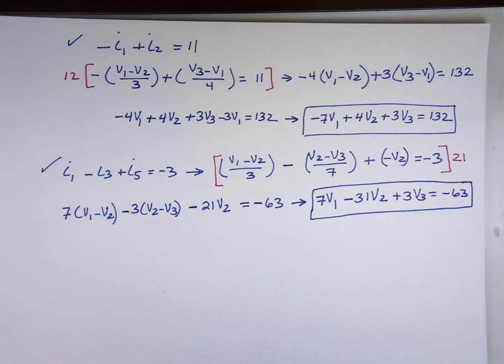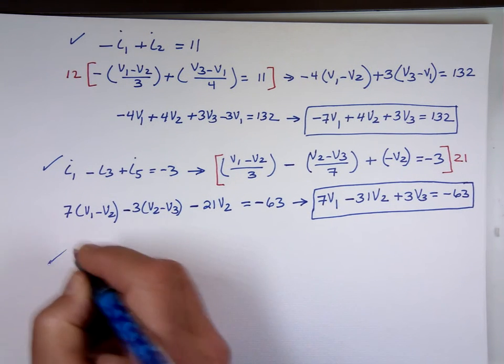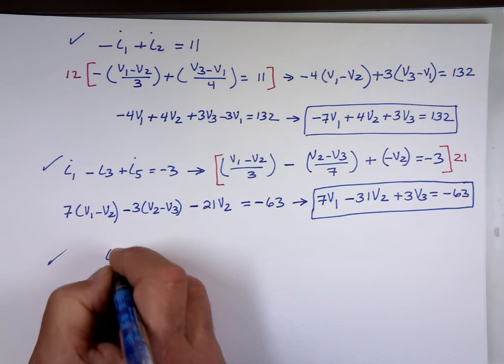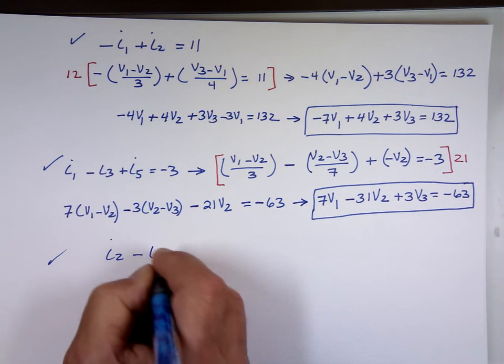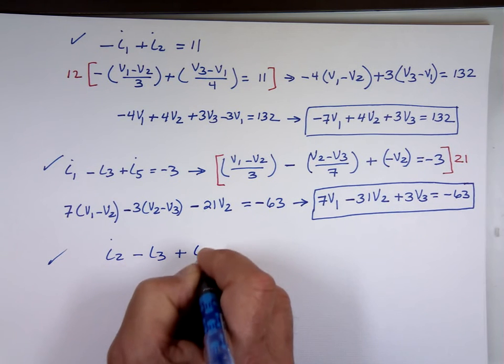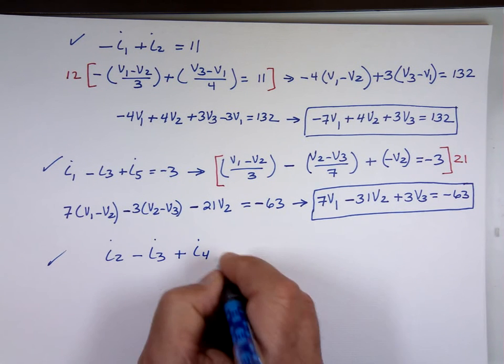Notice quickly, if you add the two equations here, you eliminate V1. And the third equation. The third equation is what? I sub 2 minus I sub 3 plus I sub 4 equals 25.